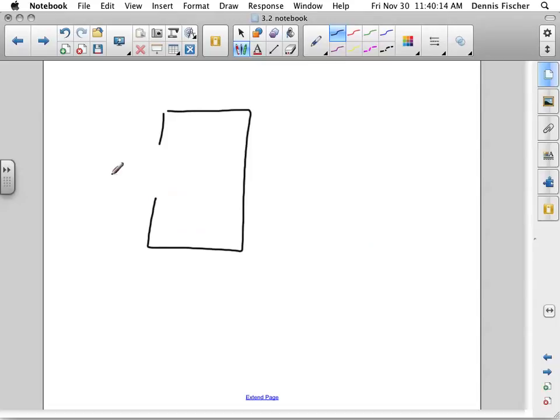Here's my house. This is W, this is L. This is 1/3 W, this is 1/3 W. My house goes there. So the house is also 1/3. So you're going to have 1 2/3 W plus 2L.